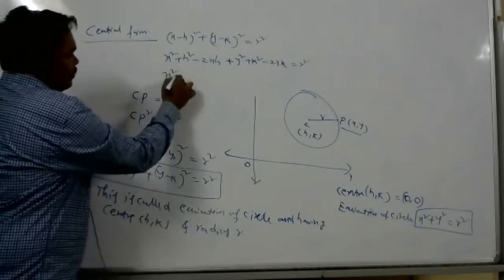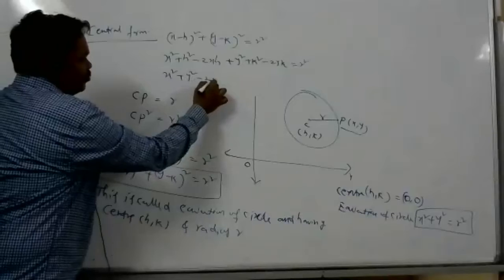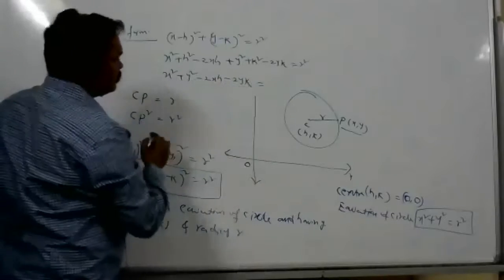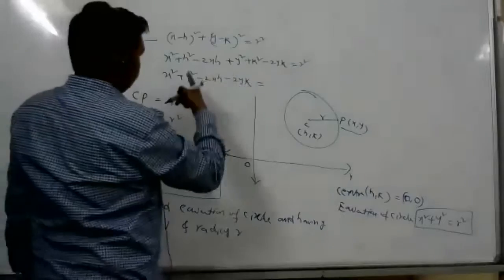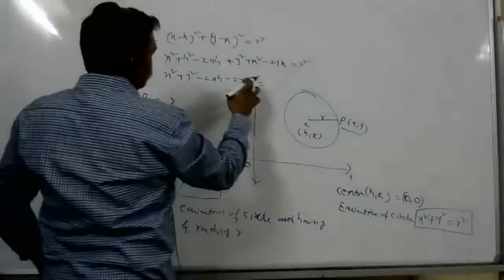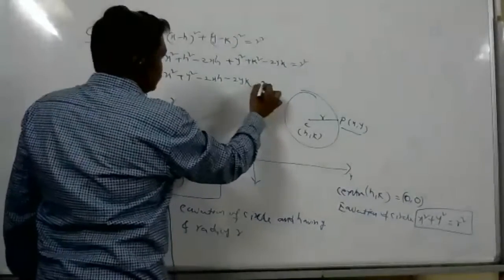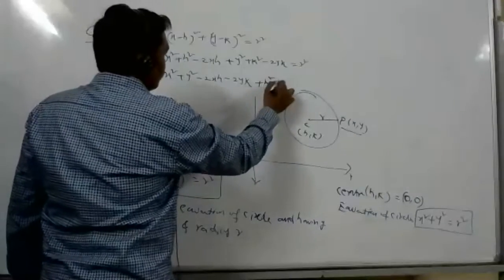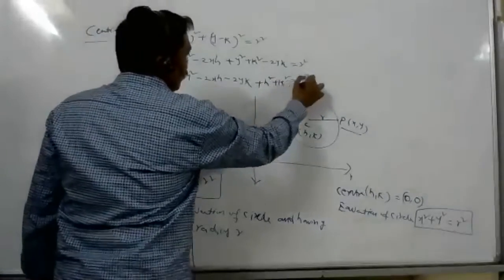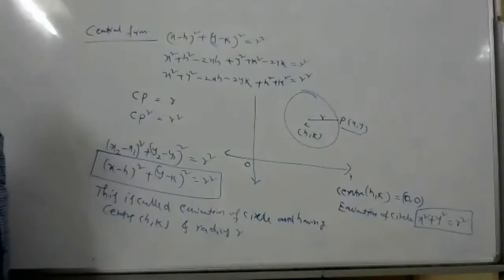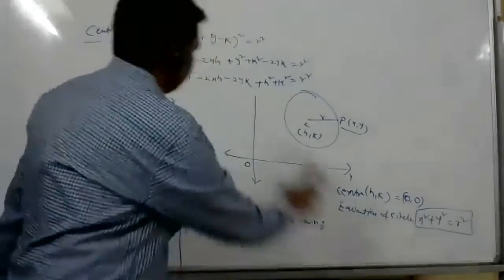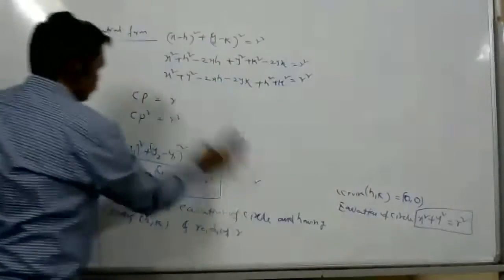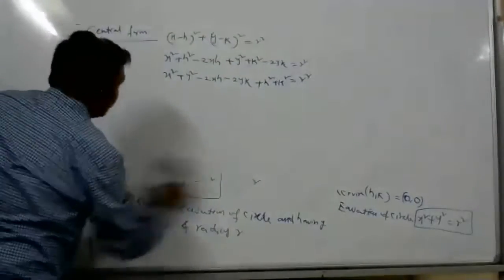X square plus y square minus 2xh minus 2yk plus h square plus k square is equal to r square. So that's the central form.